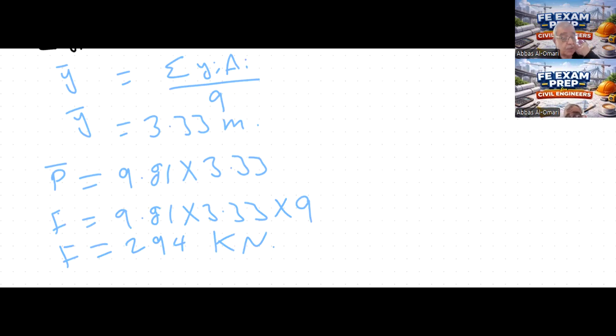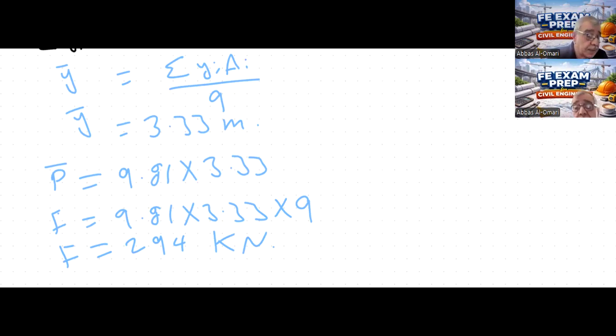Again, in this type of question, when we are asked to determine the force, we first find the geometric centroid of the gate, whether it is rectangular, circular or trapezoidal. Then we determine the pressure at the centroid, which is gamma H, where H is the distance from the water surface, and then we multiply by the area.